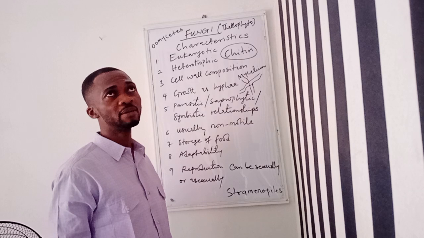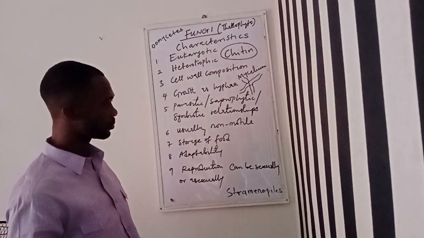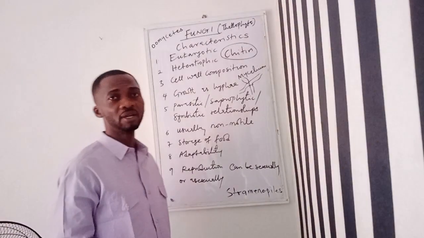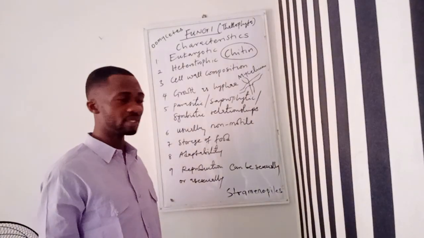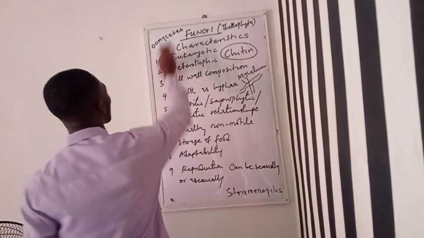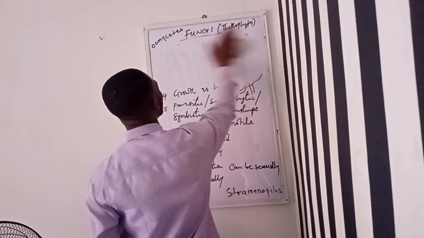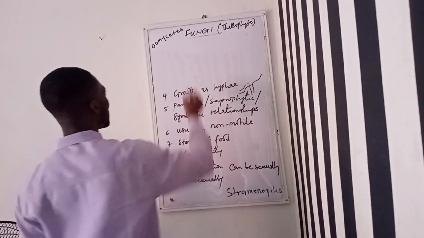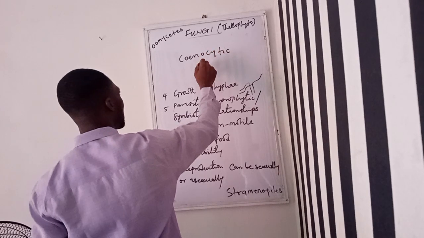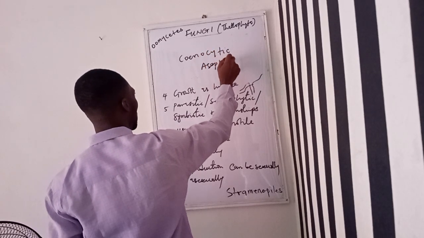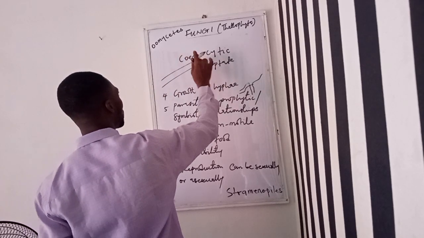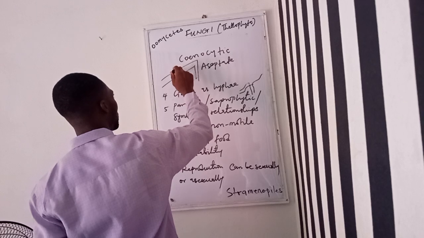Like if you look at members of, I think, Trichomycetes, you will discover that they are usually coenocytic, and coenocytic means aseptate. What does it mean to be aseptate? Aseptate means there is no cross wall.